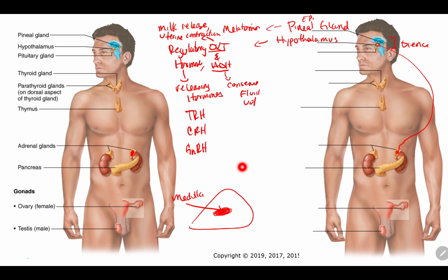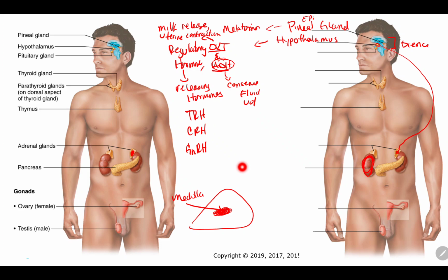ADH, also called vasopressin, is a hormone that gets released into the bloodstream and acts on the kidneys, telling them to conserve fluid volume, so you don't pee it out, basically. Again, hormones are molecules released directly into the bloodstream, and they go to their target tissue and have a target response.